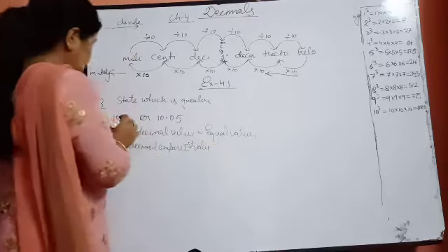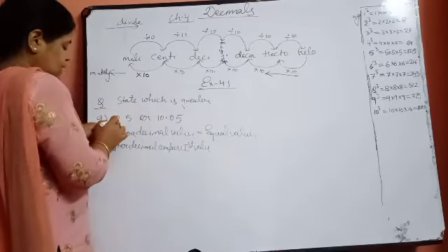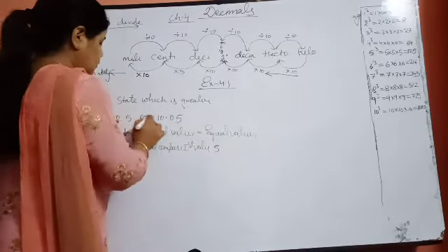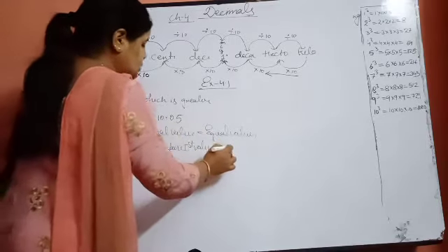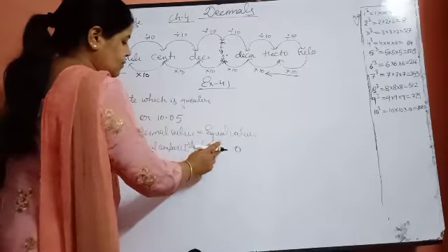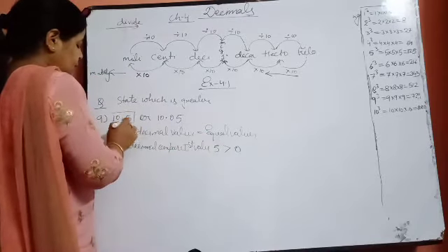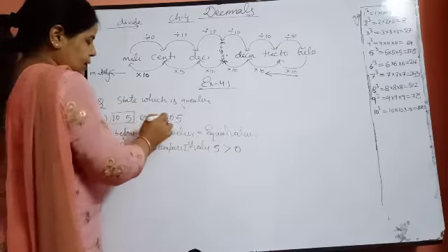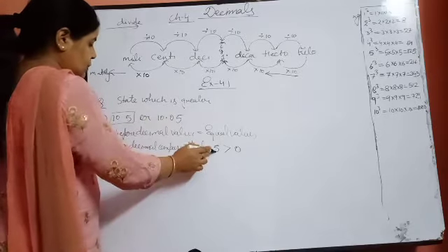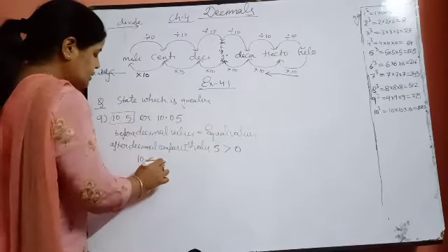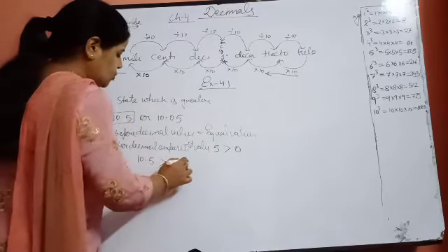In the first value after decimal it is 5, and in the second one, 10.05, it is 0. So which one is the greater? 5 is greater than 0. So in this way we can decide that 10.5 is greater than 10.05.